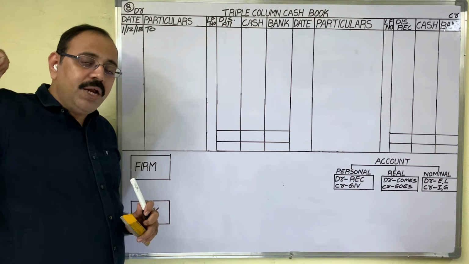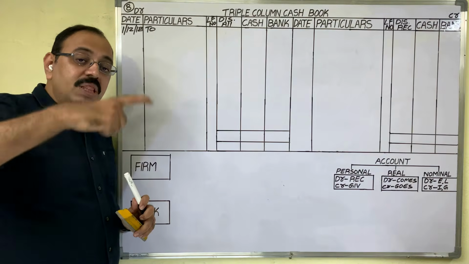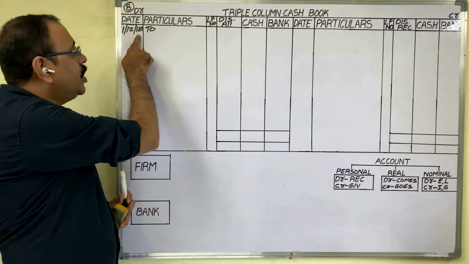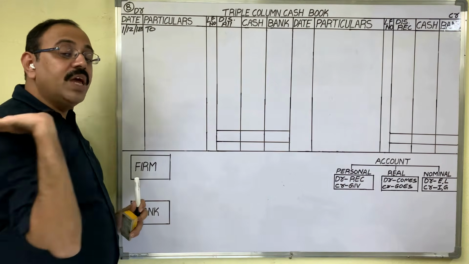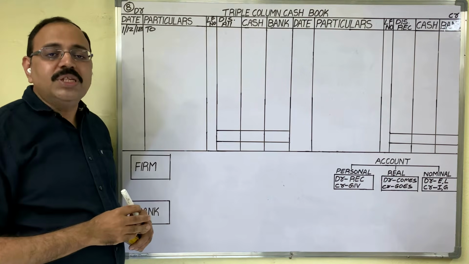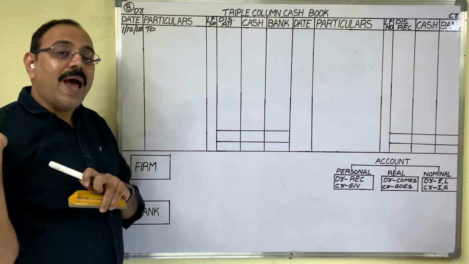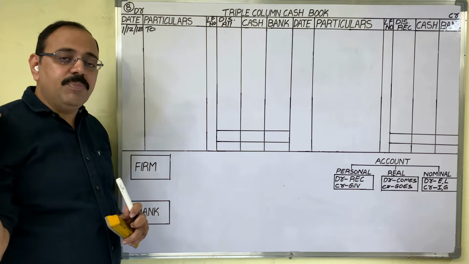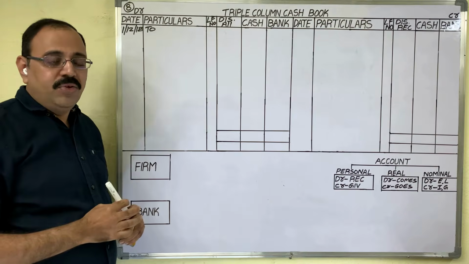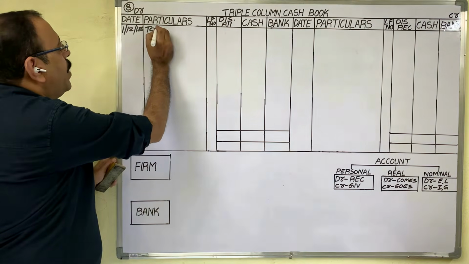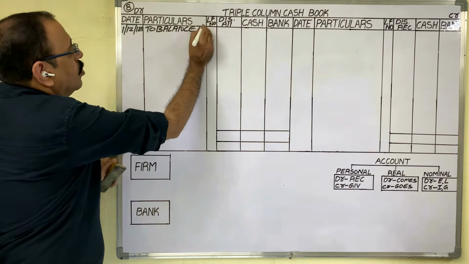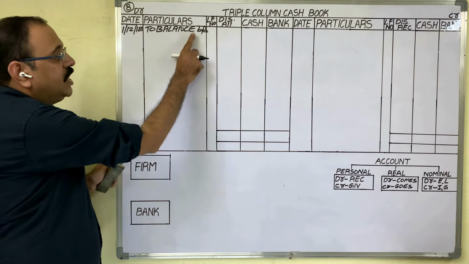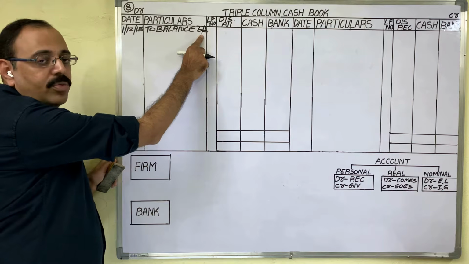From that date to the present month's starting date, 1st December 2018, we are bringing that 10,000 rupees into the accounts. So to carry forward the opening balance from the previous month to the current month, we write balance brought down. We are bringing the amount from the previous month, that is why we write brought down.